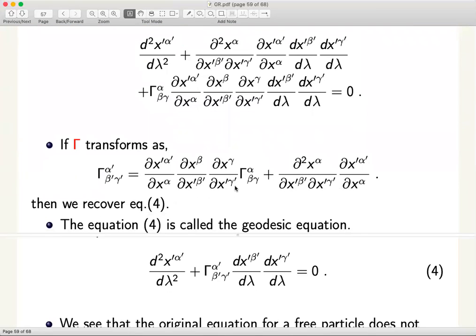That tells you that if you say that a new gamma alpha prime beta prime gamma prime is written as these four pieces, gamma plus these three partial derivatives plus this second derivative piece times this partial derivative, so that the new gamma prime is related to the old gamma through this relation, then our equation would look exactly the same as this one. We would recover this equation. You see that point? Just pick up this part.